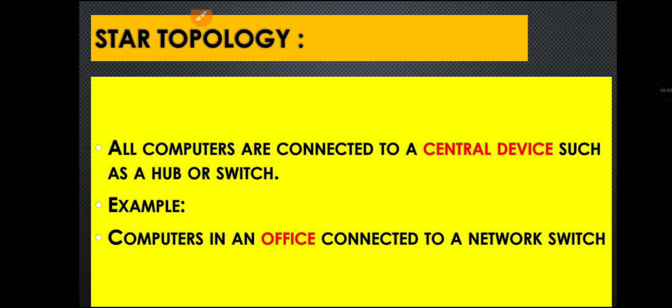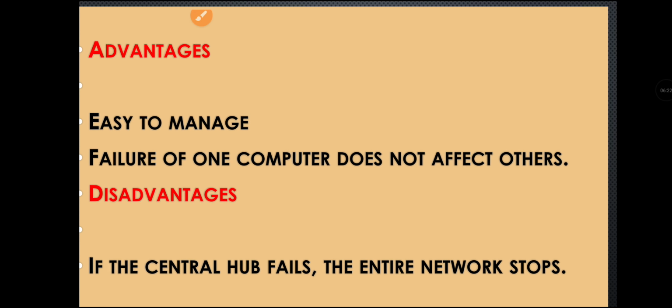In office areas, star topology is commonly used, where computers in an office are connected using this type of topology. What are the advantages of star topology? It is easy to manage and failure of one computer does not affect others.